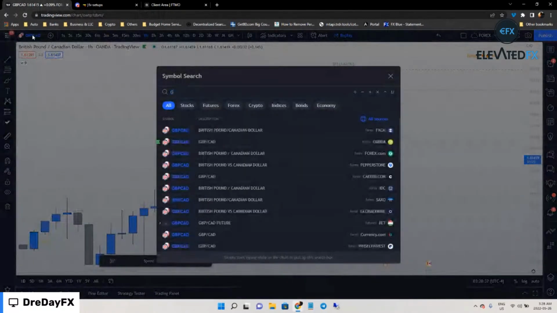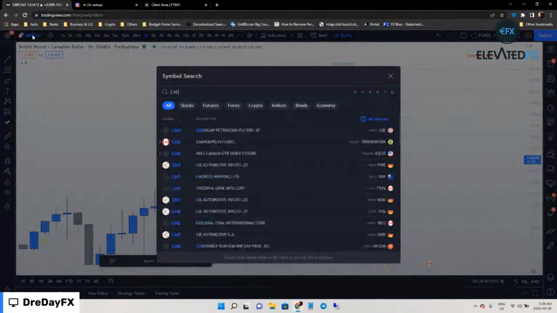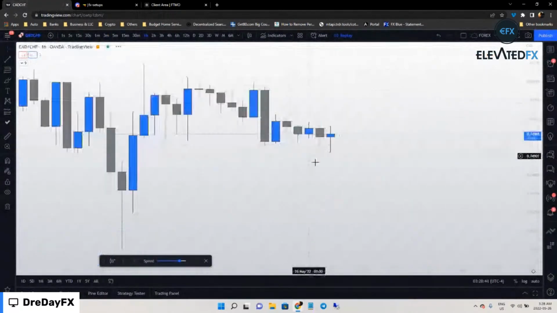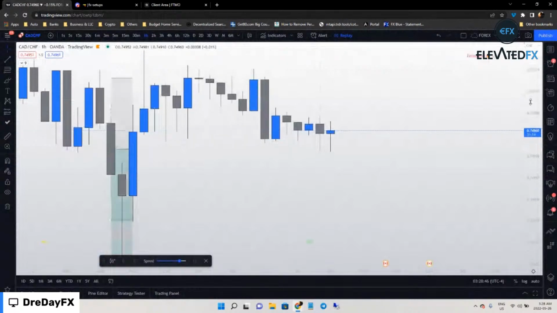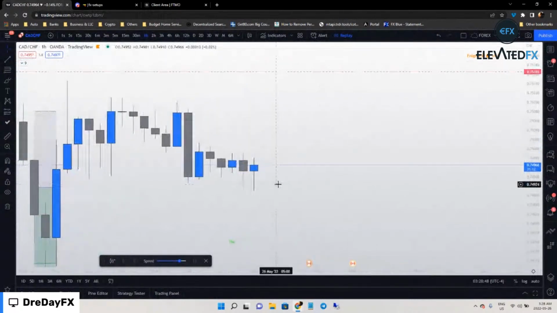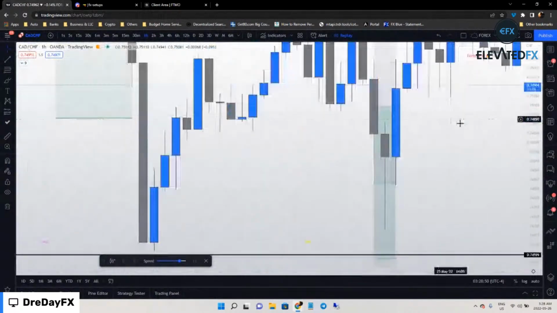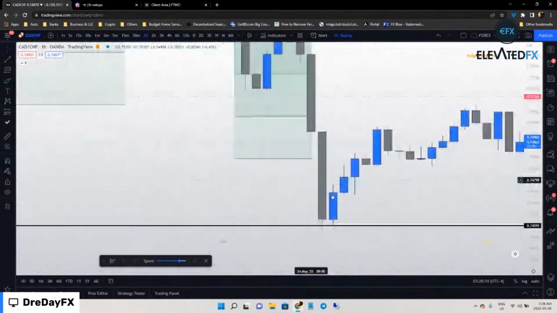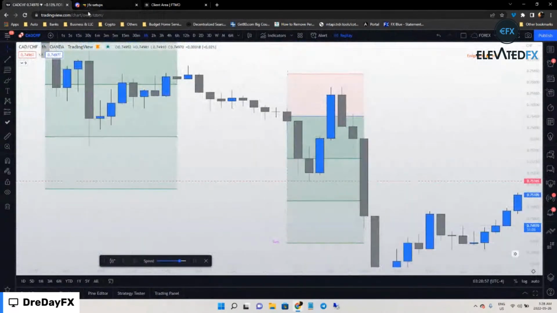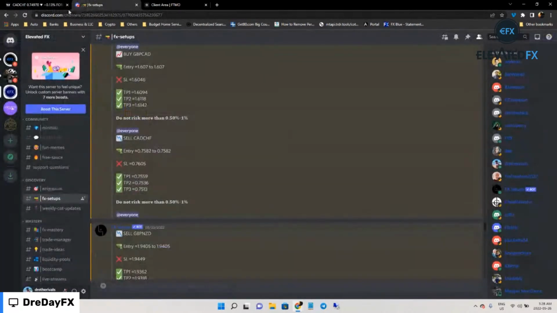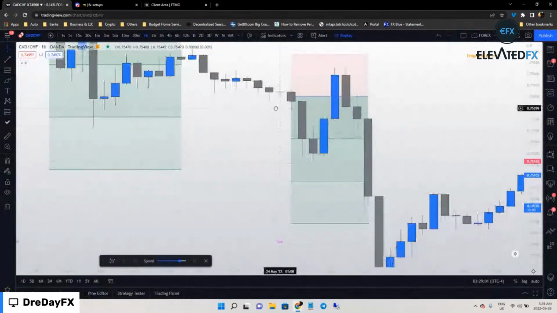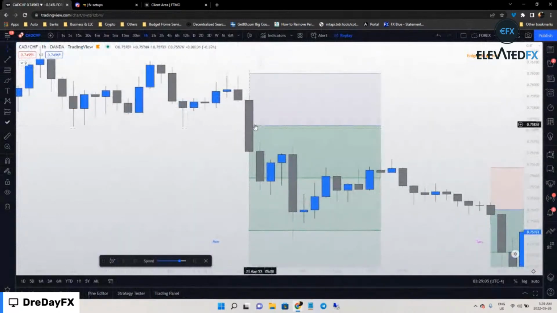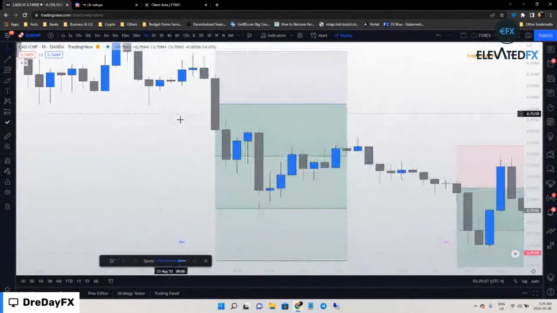So CADCHF. CADCHF was sell, yeah, this one. So that's the sell setup that was right here. Okay, same thing.